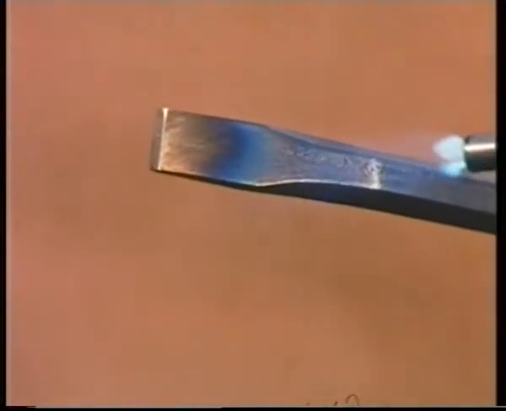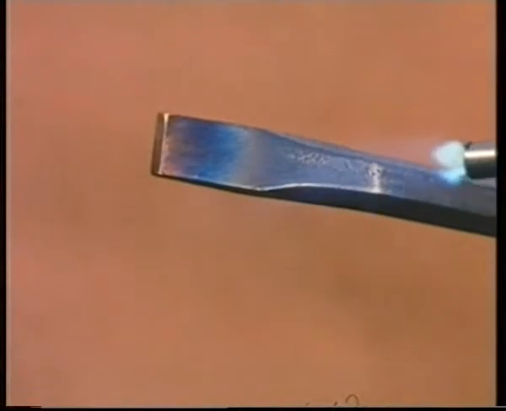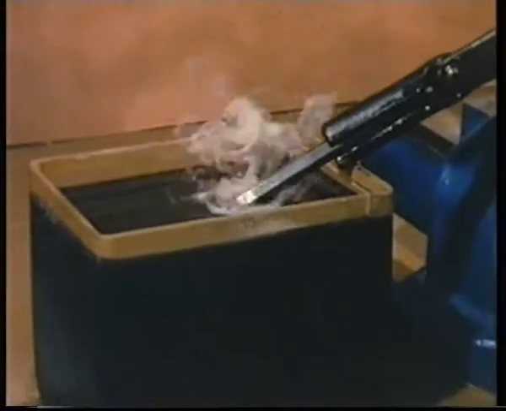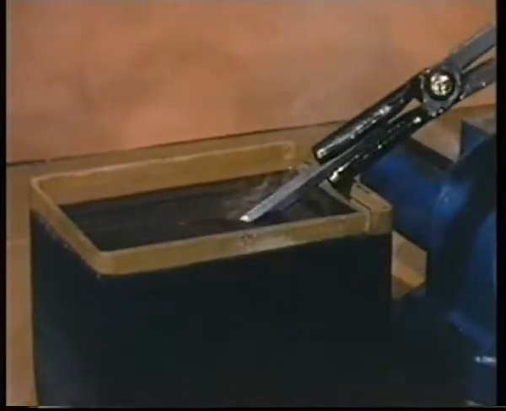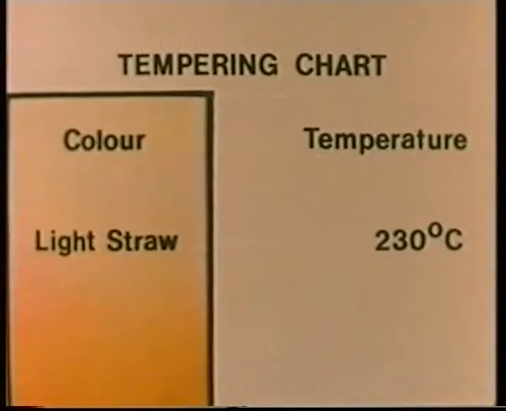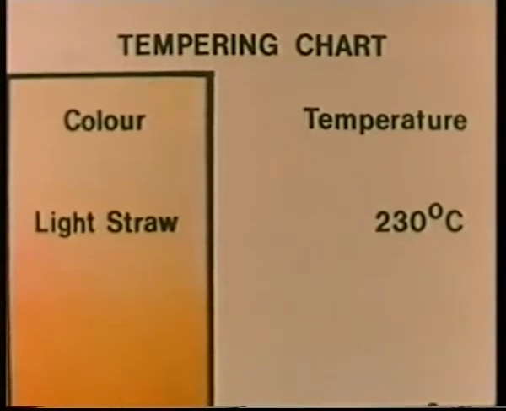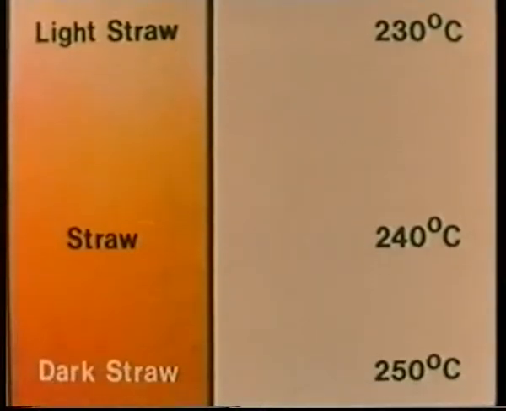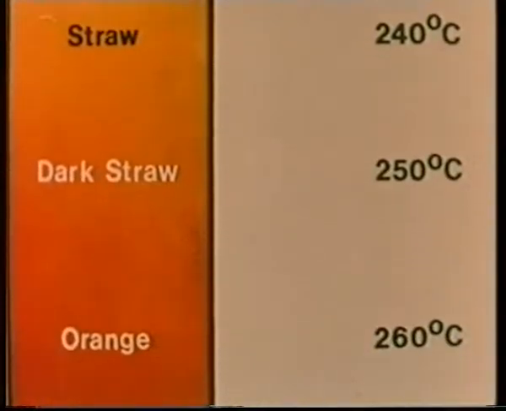Here we're tempering. The right temperature is reached when the tip of the chisel turns blue. There, now it's quenched. If we look at the chisel now, we find the colours have been trapped in the surface of the metal. Here's a typical tempering chart. It tells you which colours correspond to which temperatures.